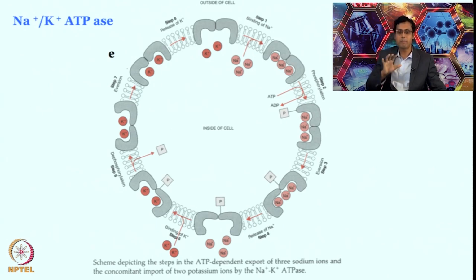This process of pumping in potassium and pumping out sodium goes on seemingly well with the help of this ATP driven process. Therefore, this is a good pump, it is pumping out the sodium and taking in the potassium.